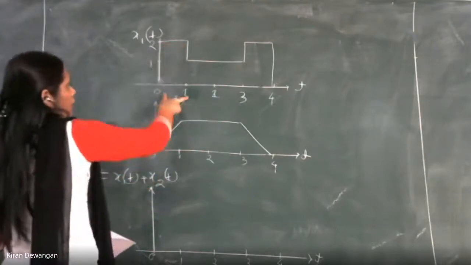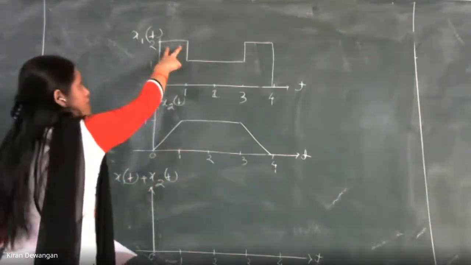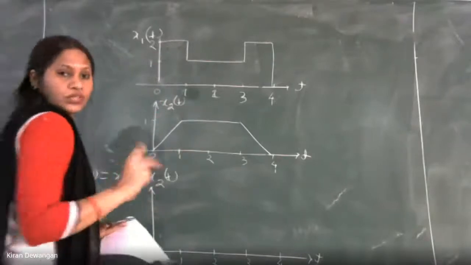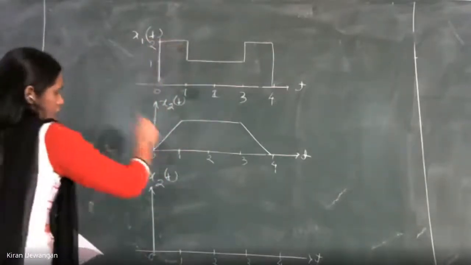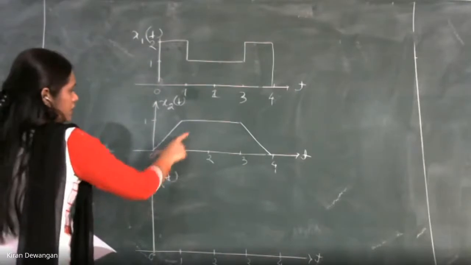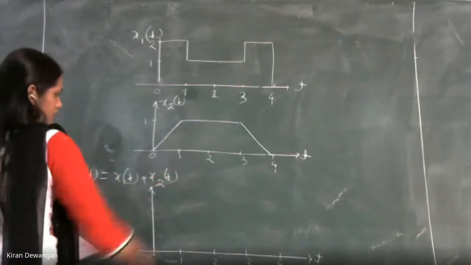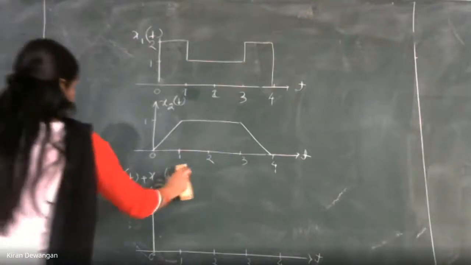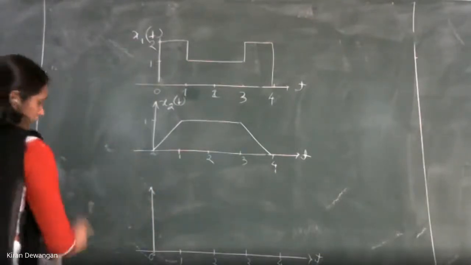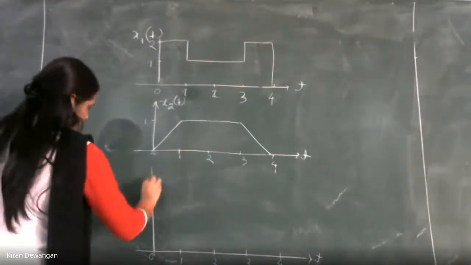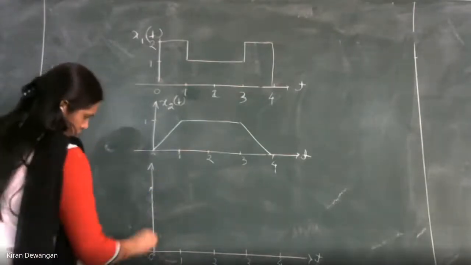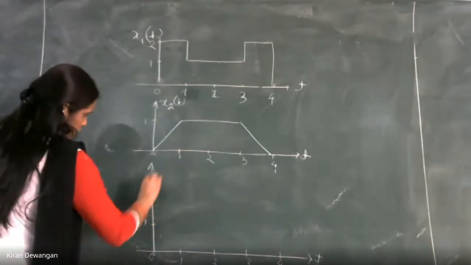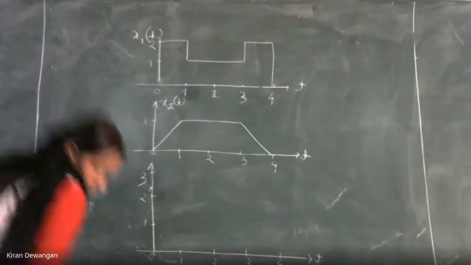Between 0 to 1, x1(t) has the value 2. Now between 0 to 1, this value is increasing, so it will get added up to 2.